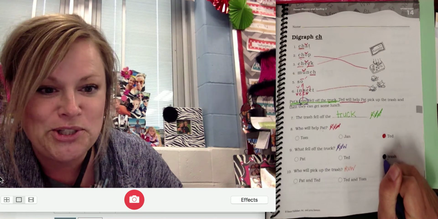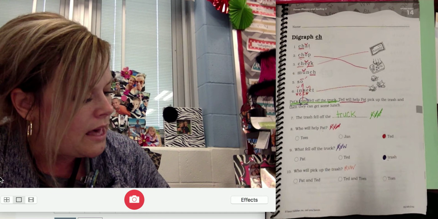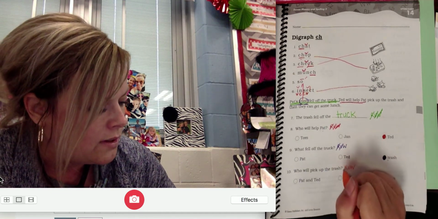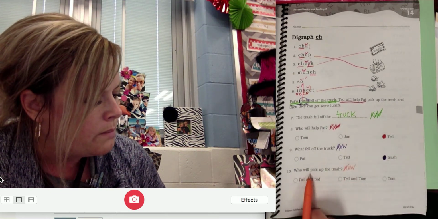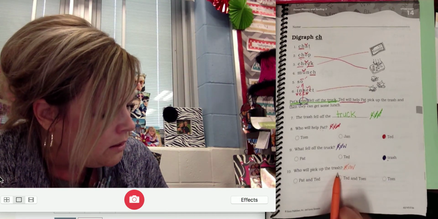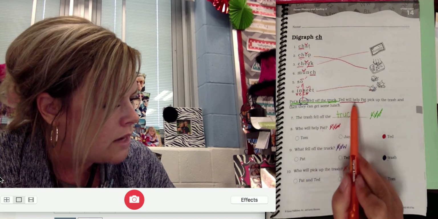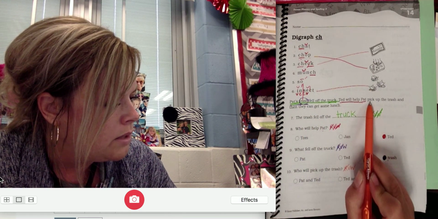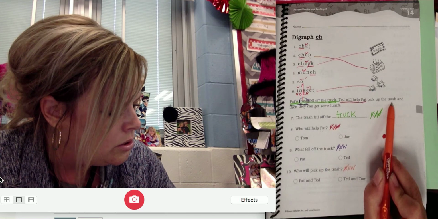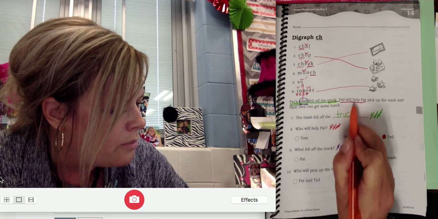Just her garbage. Number 10, who will pick up the trash? Cross out my R. Who will pick up the trash? Sometimes I read it twice just to make sure I understand. Pick up the trash. Let's look for those words. Here's pick up the trash. Ted will help Pat.